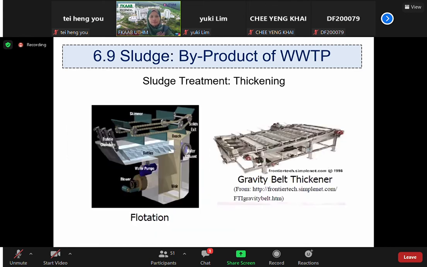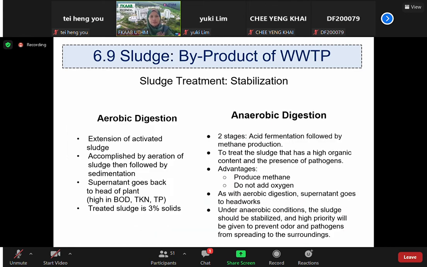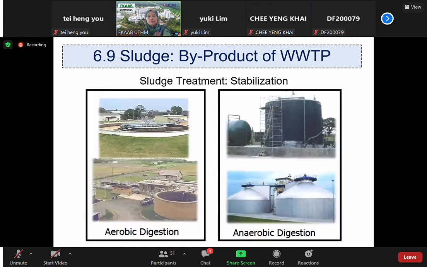Okay, flotation, for example the flotation, stabilization. For example, we have aerobic digestion or anaerobic digestion. Okay, ada aeration sedikit, the sludge to do the stabilization. And then the treated sludge is 33%, and also we have this anaerobic digestion. Okay, in this process, the sludge will be stabilized to prevent odor and pathogens from spreading to the surroundings, the environment.